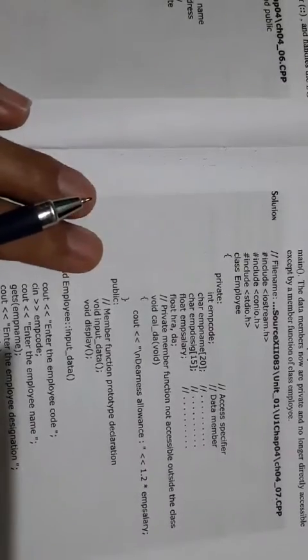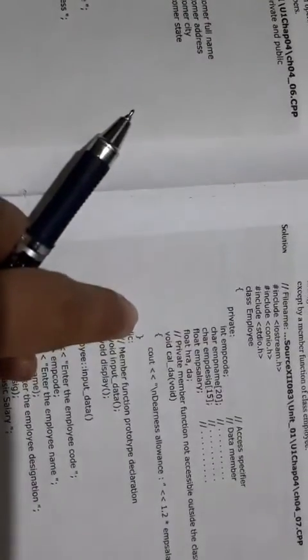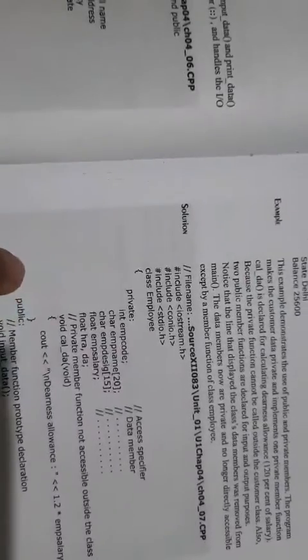Now coming back to the next program, this is a bit different from the two other programs that I've taught you. In the first two programs, you saw that we can have private access specifier as well as public access specifier in the program. But in this program, we have a private member function also.